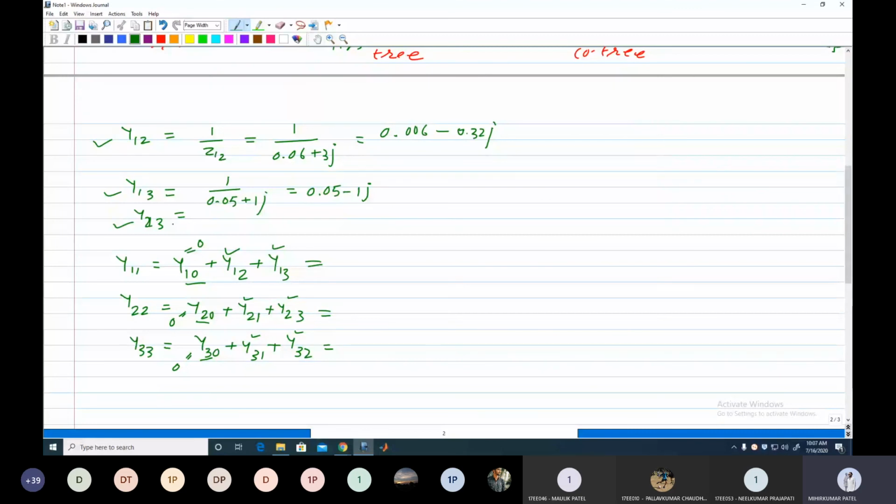Same way, 2,3 is 0.05 minus 1j, as both values are the same. Clear?